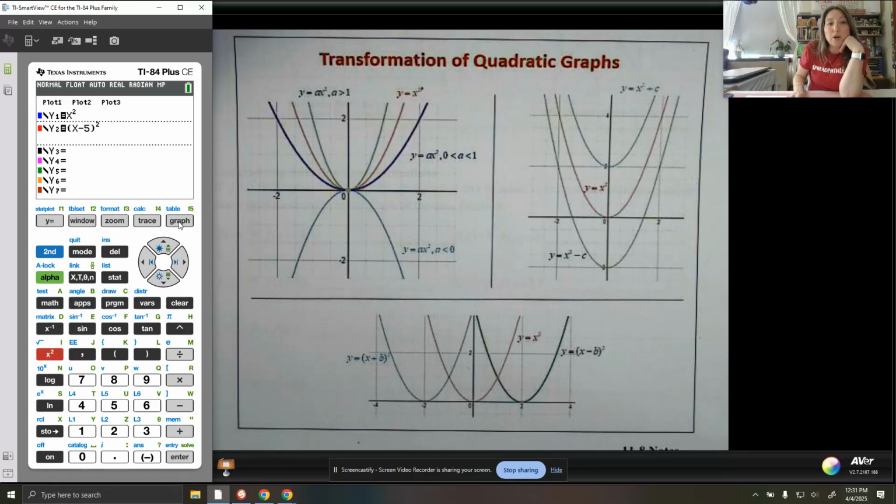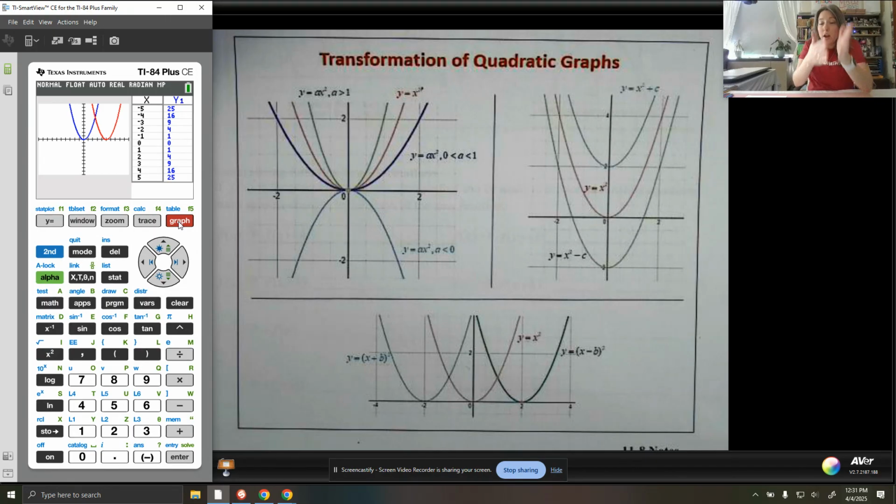So now when I press graph to see it, look, instead of shifting to the left 5, because we subtracted 5 inside, we feel like it should go left 5. It doesn't. It moves right 5. So on second graph, on my table of points and at my vertex, look. Again, because I was at 0 as an x value, my vertex is actually 5, 0.